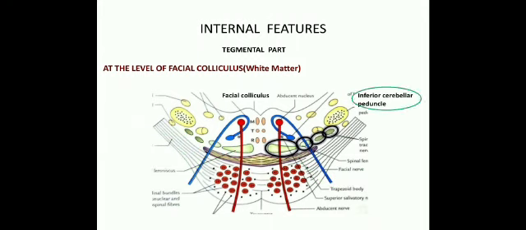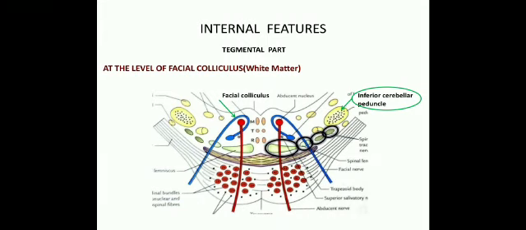The inferior cerebellar peduncle lies lateral to the fourth ventricle. Here we can observe that the fibers of the facial nerve follow a peculiar course. It is not straight; they form a loop around the abducent nucleus.